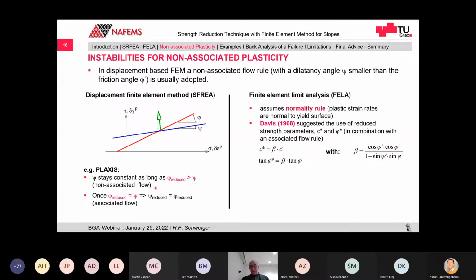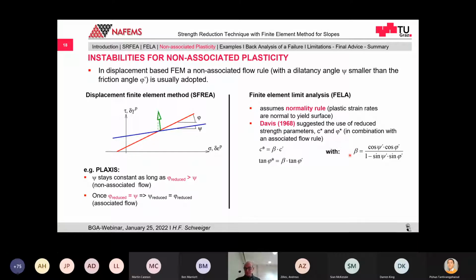Now, in order to check non-associated flow with displacement-based finite elements and finite element limit analysis, there is an option put forward by Davis some time ago. You say, well, instead of using a non-associated flow, you use associated flow, but with modified cohesion and friction, with this beta factor.